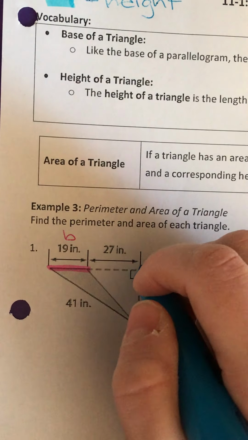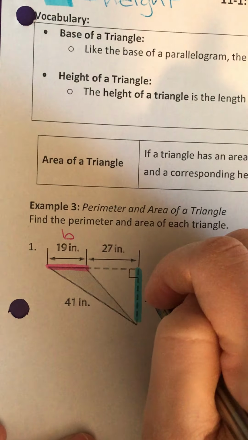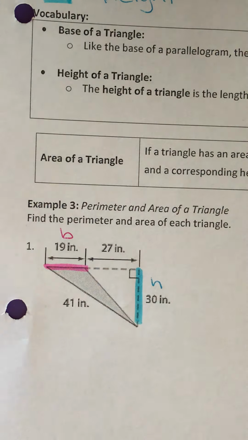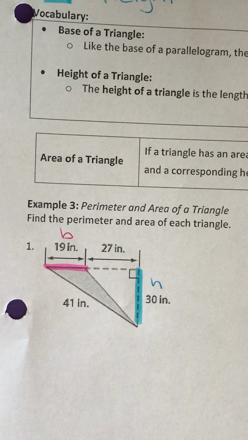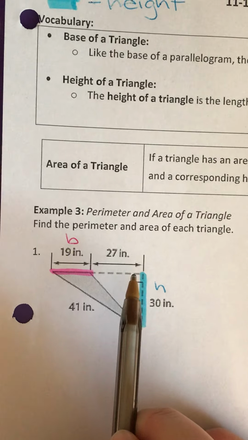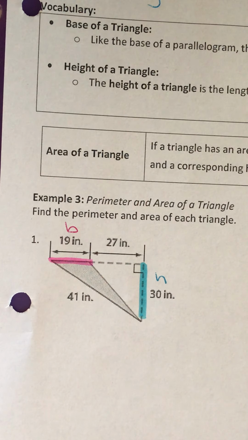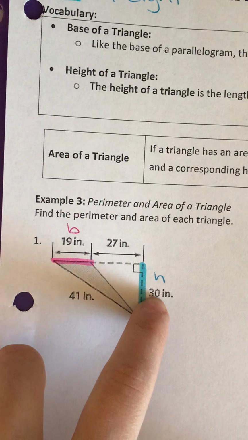And this 30 on the outside is going to be my height. If you remember from your orange sheet, the height can be inside or outside. But this 27 inches is not part of my triangle, so I'm going to completely disregard that. So for my formula for area, it's 1/2 base times height. I have my base, I have my height.